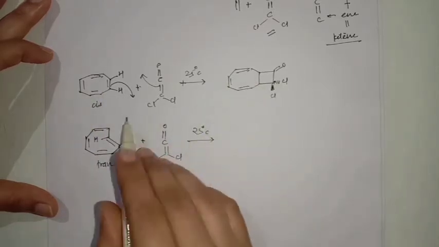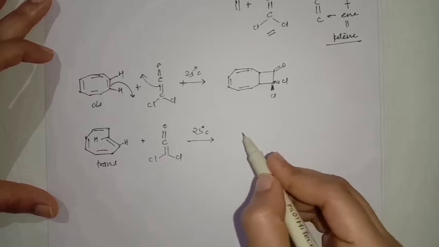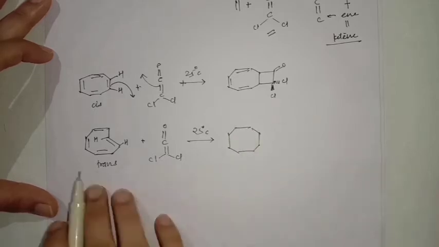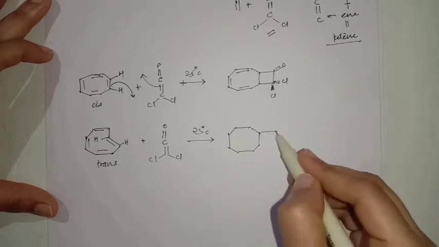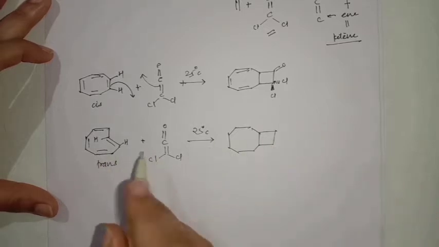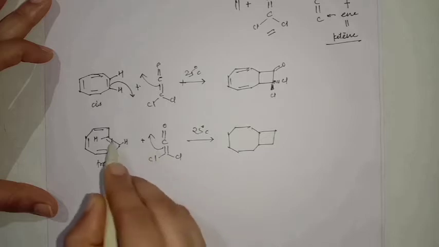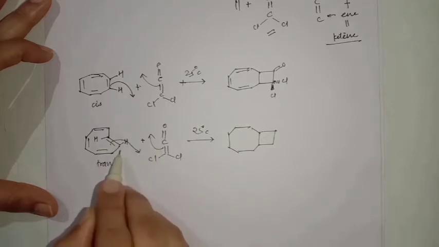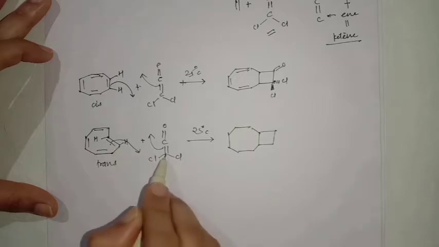Okay, now in case of this trans cyclooctatetraene, you will get a product with stereochemistry maintained, means just cyclic product formation takes place. These electrons will shift here, means a new bond is formed between this carbon and this carbon, and these electrons will shift here, means a new bond between this carbon and this carbon.